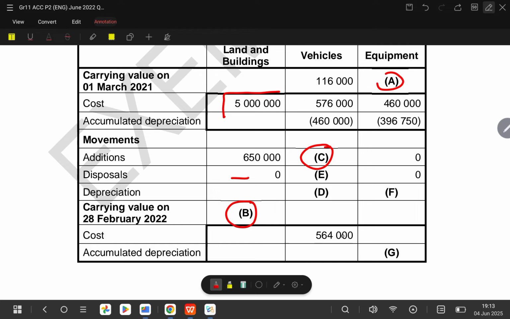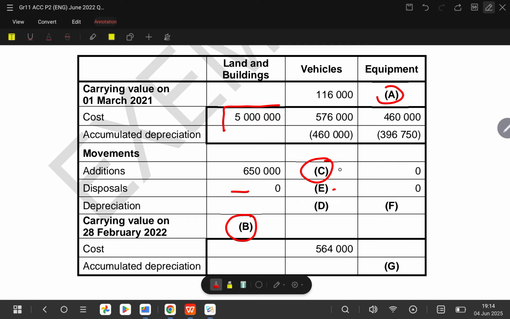So if you take 564,000, remember the fixed asset note, you start from the bottom, you take your 564,000, and you check if there was any disposal. Remember we're looking for the addition. So you take your balance at the end, and then you add back your disposal, then you subtract your opening balance. That's the bottom up approach.